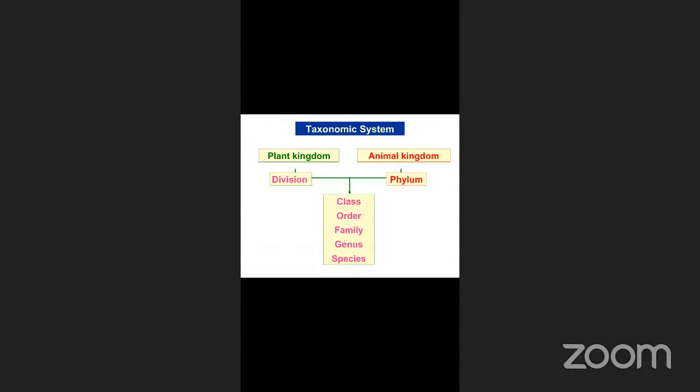At the time, we observe different types of morphological and anatomical characters.